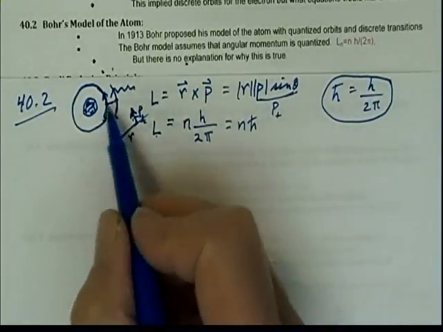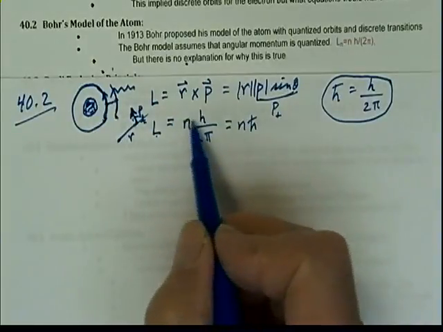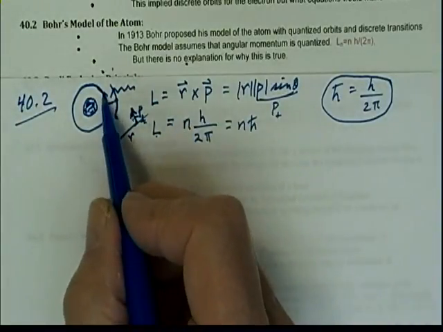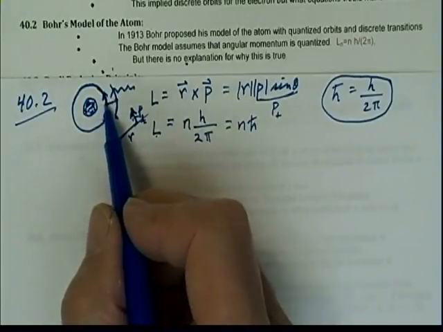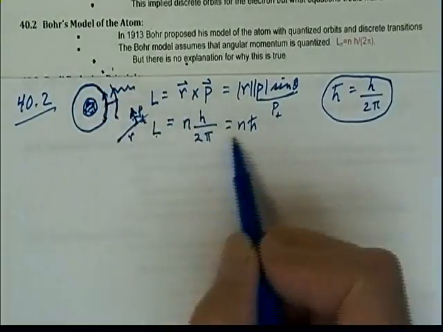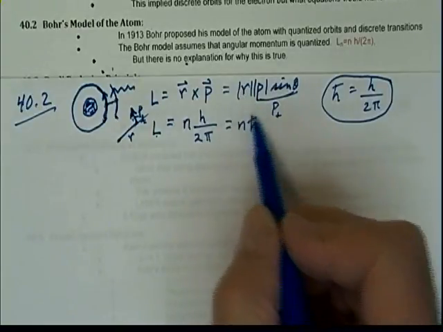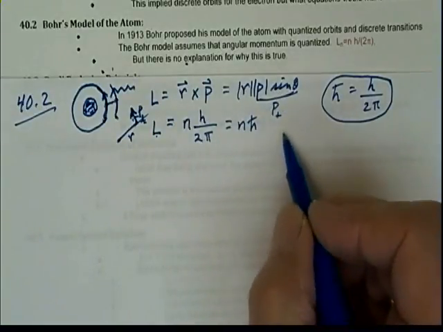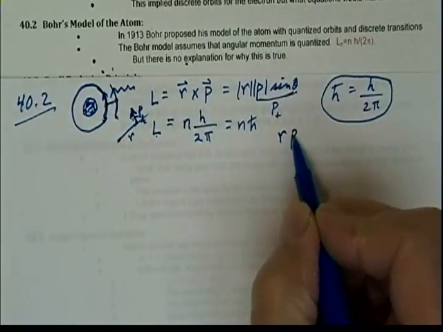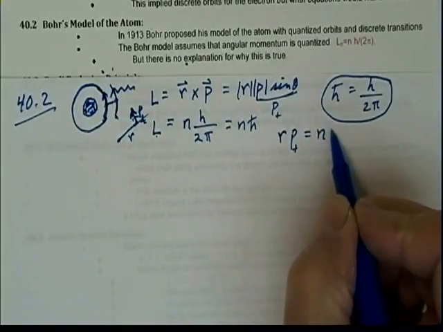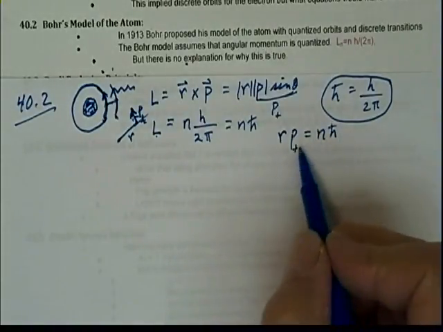Well, you could take the angular momentum and force what was previously any radius could have the electron rotating, but now only certain radii could occur since we get the equation from here that r times p perpendicular must equal an integer times h bar.